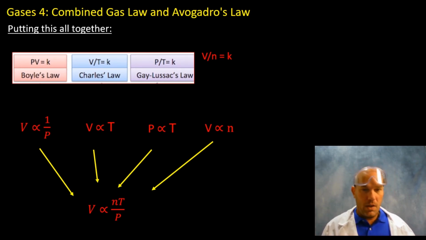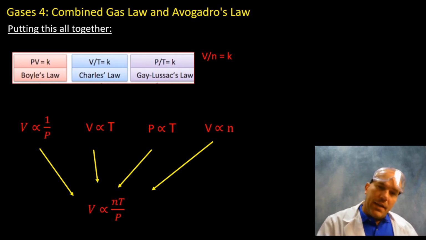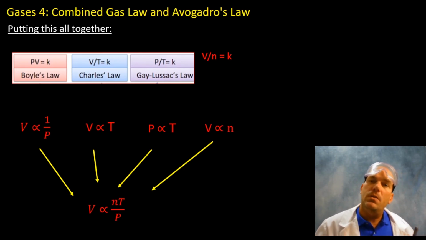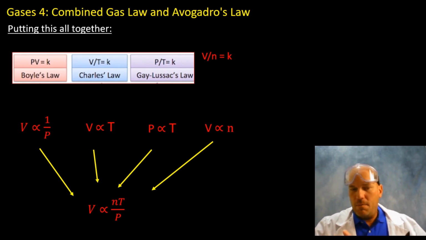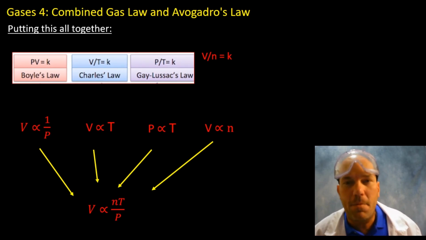All right, so all I've done is I've looked at the commonalities here of all of these relationships, put them into one, and saying that it is proportional to moles times the temperature and that quantity divided by pressure.